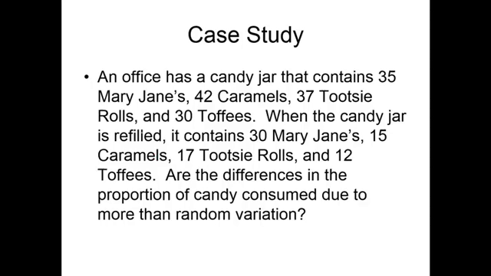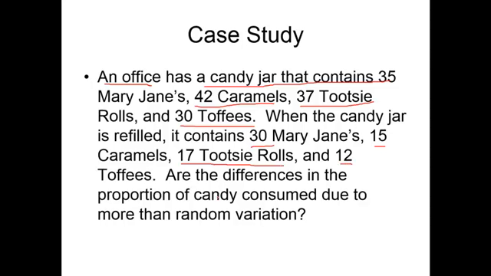Okay, so start off with a case study. An office has a candy jar that contains 35 Mary Janes, 42 caramels, 37 Tootsie Rolls, and 30 toffees. When the candy jar is refilled, it contains 30 Mary Janes, 15 caramels, 17 Tootsie Rolls, and 12 toffees.